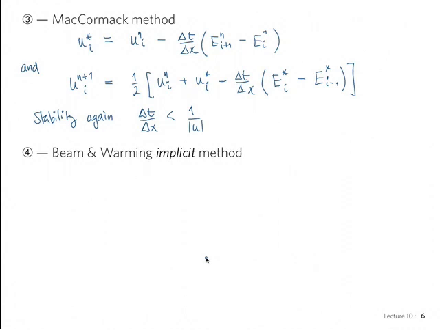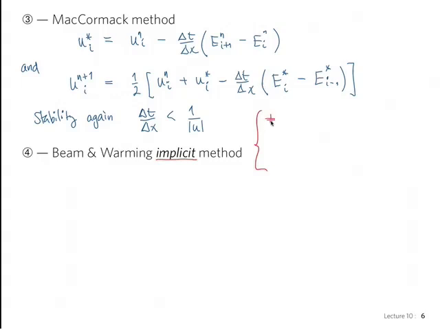So now, the beam warming method. Now, this is beam warming implicit method, okay? So this is going to be a little bit more challenging, and this one is not to be confused with the beam. This is another beam and warming method.